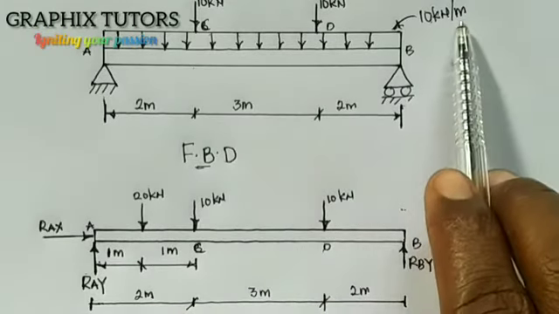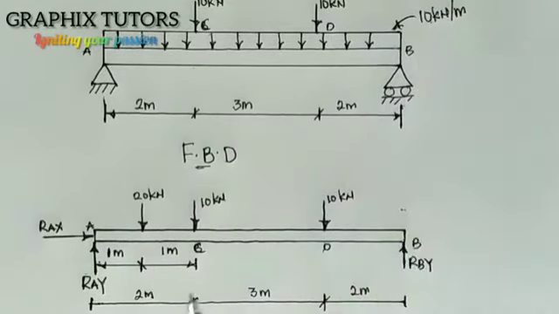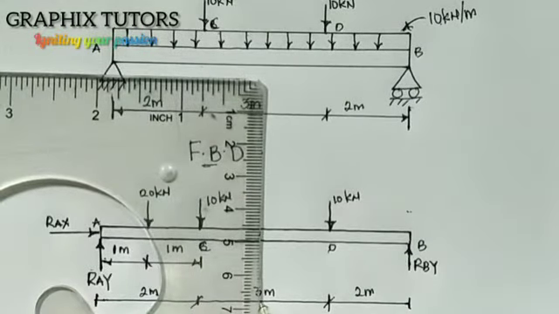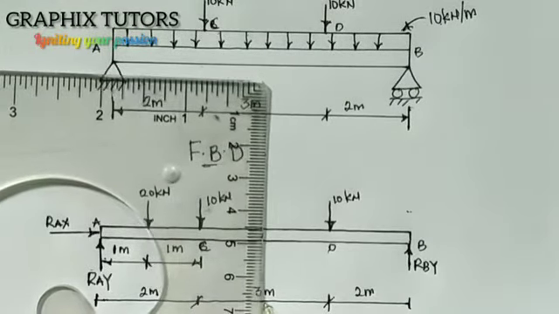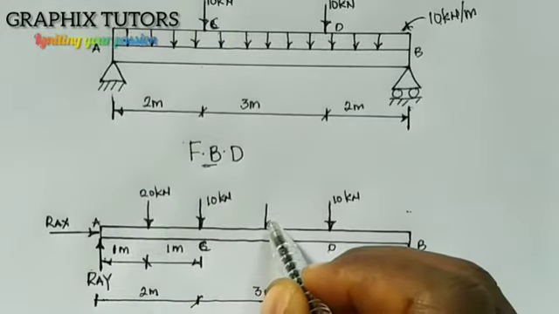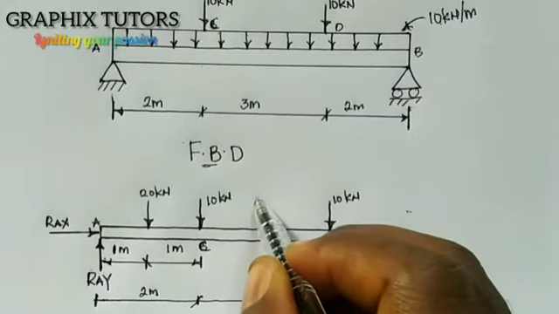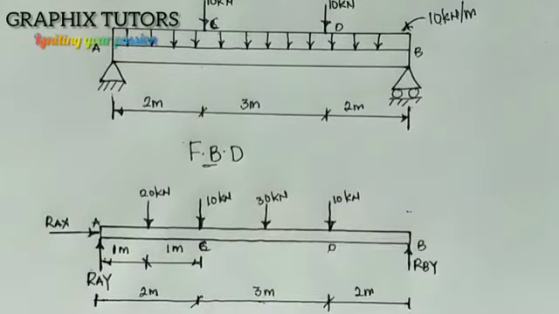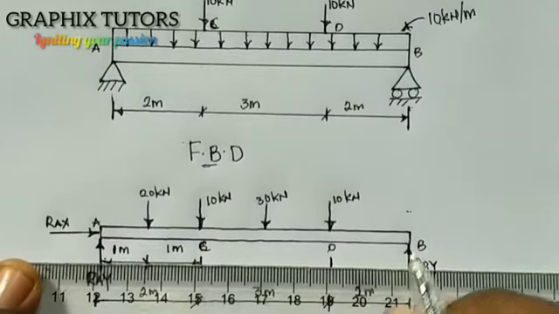So we say 1 meter is 10 kilonewton. So 10 times 3 is 30. So 30 will be acting at the center of this 3. I'll write 30 kilonewton. Now, I'll just put it this way. Extend this to this point.